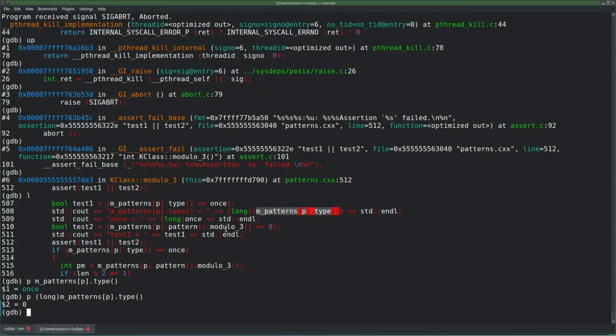No, I guess also the modulo is not correct then, but why is the type 2? P is 0, actually the type should be 2, yeah. But the modulo 3 should be 0, so I should print that as 2, because this should still be true.